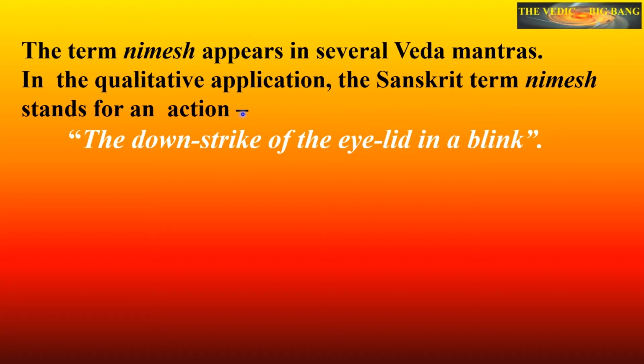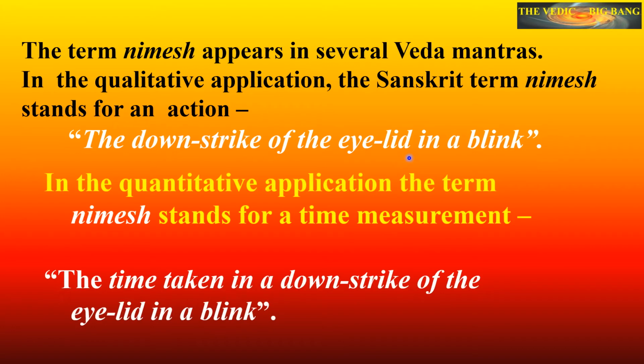In the qualitative application, the Sanskrit term nimesh stands for an action, the down strike of the eyelid in a blink. In the quantitative application, the term nimesh stands for a time measurement, the time taken in a down strike of the eyelid in a blink.